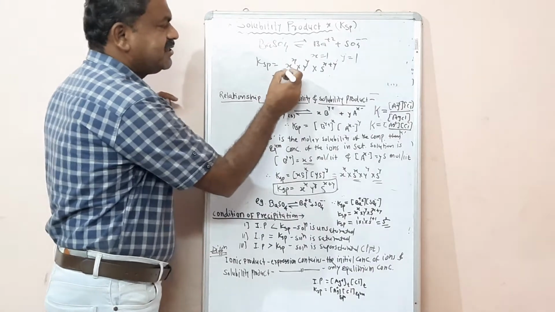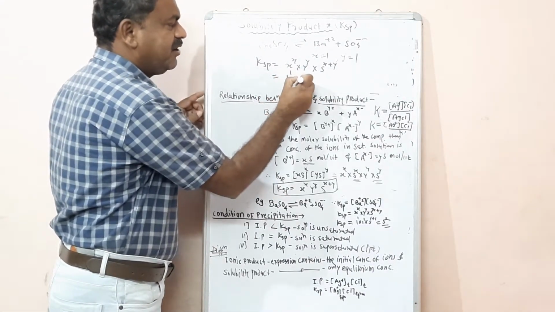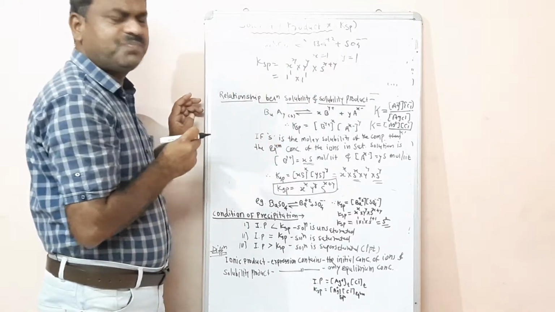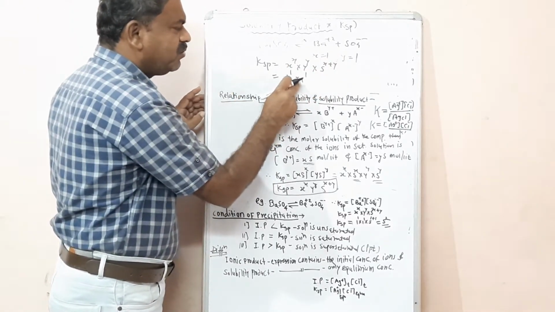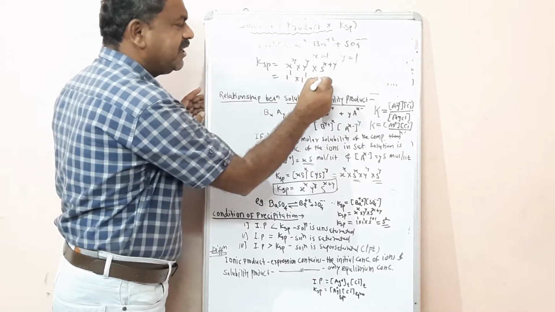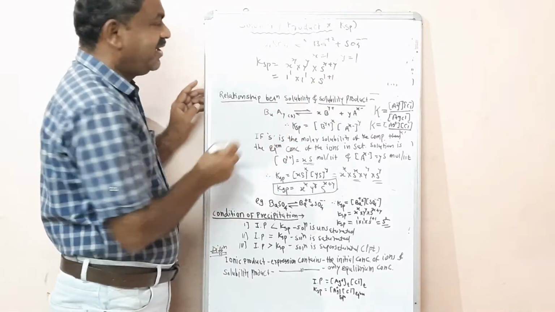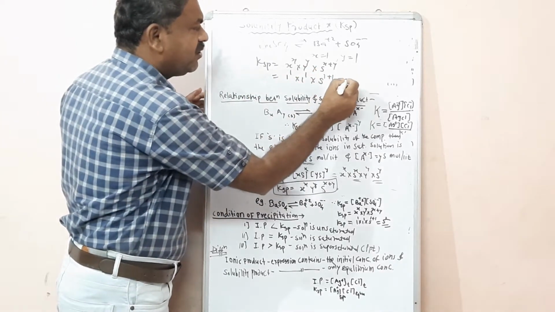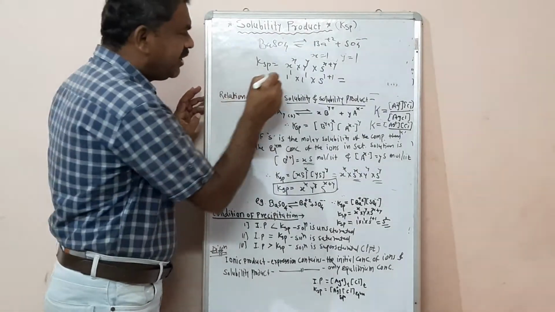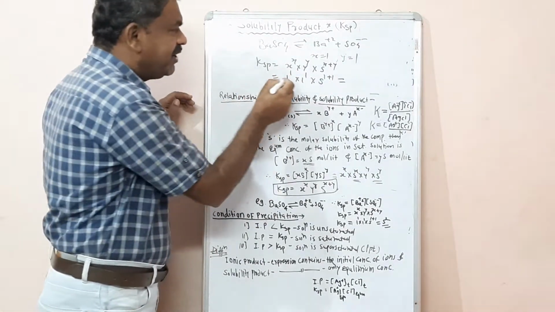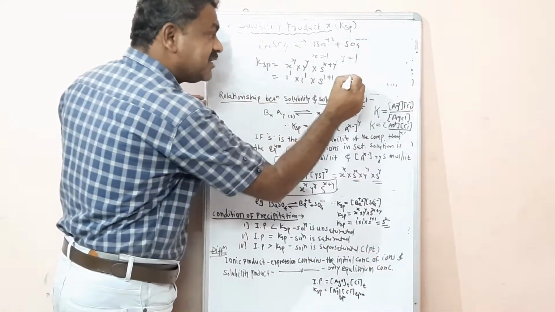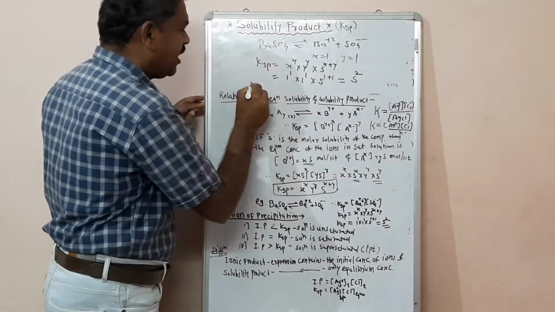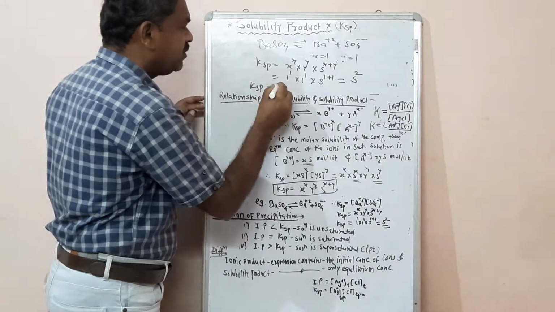Then 1 raised to 1 into 1 raised to 1 into S raised to 1 plus 1, because the value of x is 1 and the value of y is also 1. So 1 raised to 1 is 1, into 1 raised to 1 is 1, means 1 into 1 is 1. Therefore S raised to 1 plus 1, that is 2, means Ksp is equal to S squared.